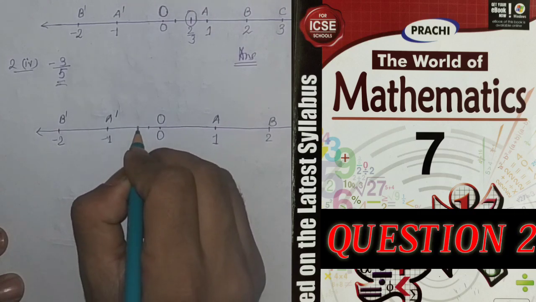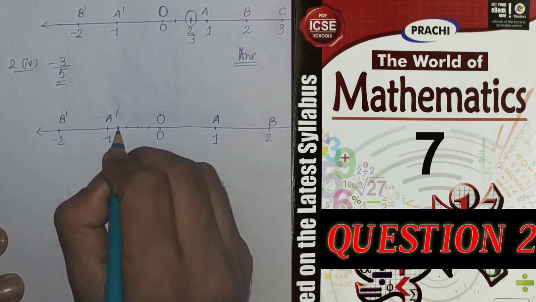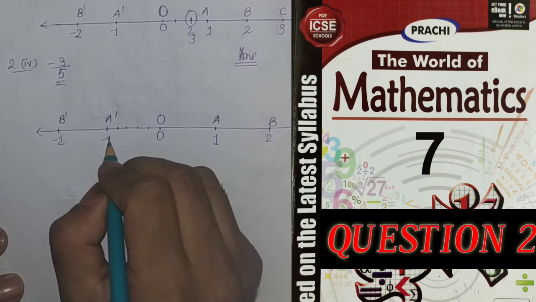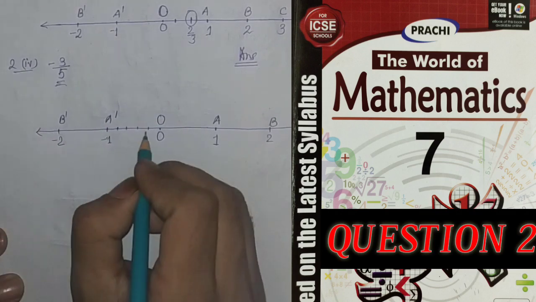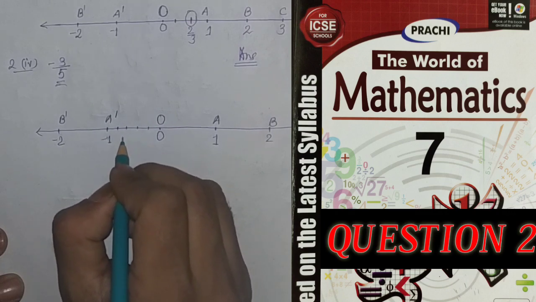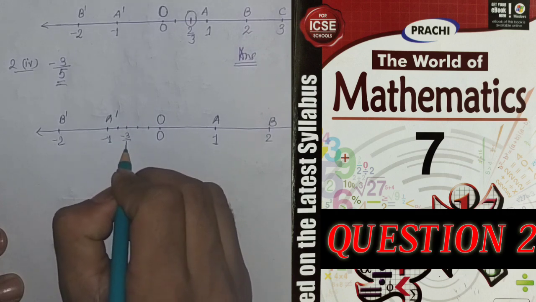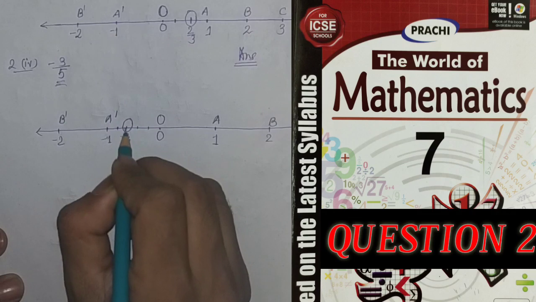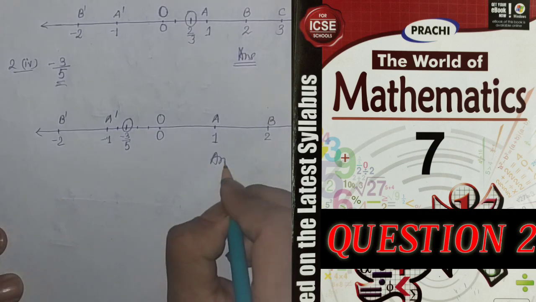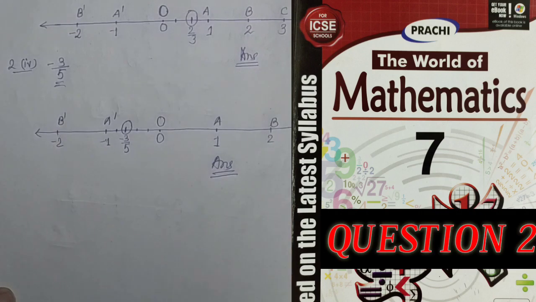This one 1, 2, 3, 4, and this is 5 divisions, 1, 2, 3, 4, 5, and here minus 3 by 5. Count from this point 1, 2, 3. This will be minus 3 by 5. Encircle this point, and this will be our answer. We can write here, this is the answer.